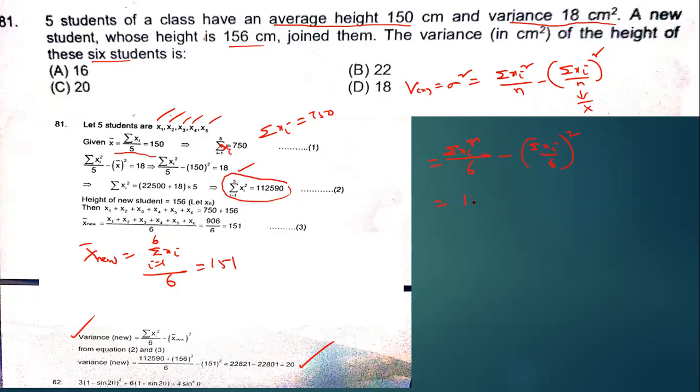So this is the given 112590 plus 156 whole square by 6 minus the new average. The new average is how much? 151 whole square. They have given that. So the option is C.